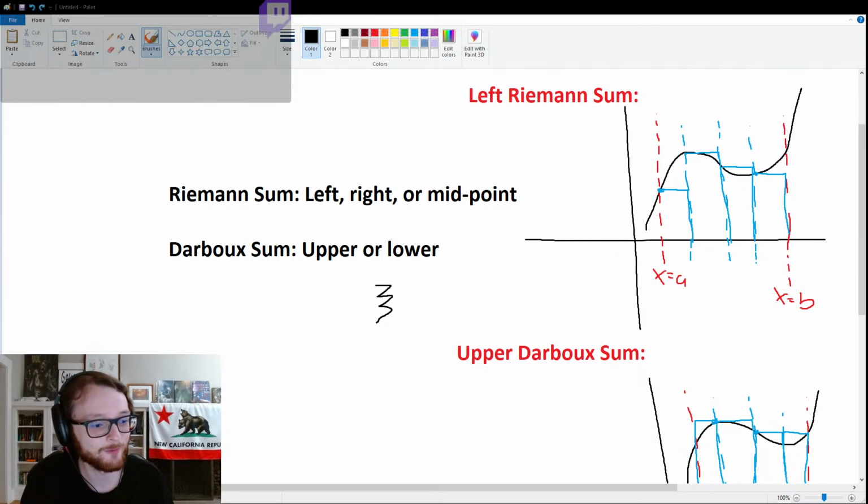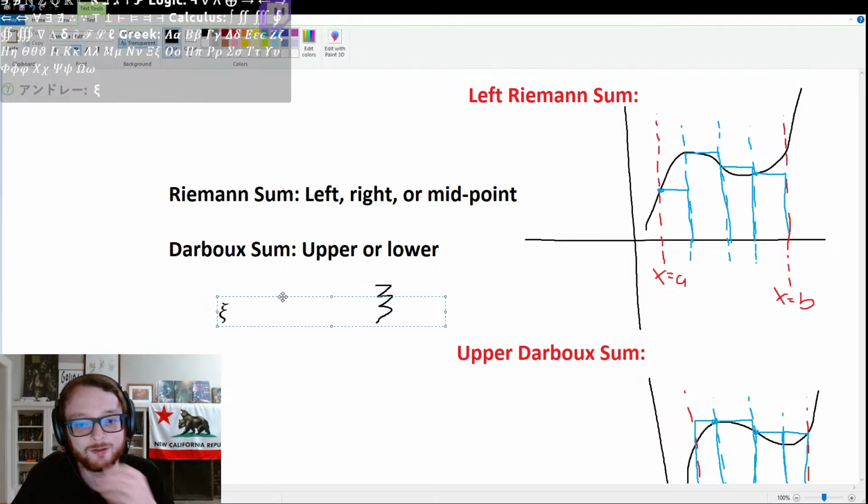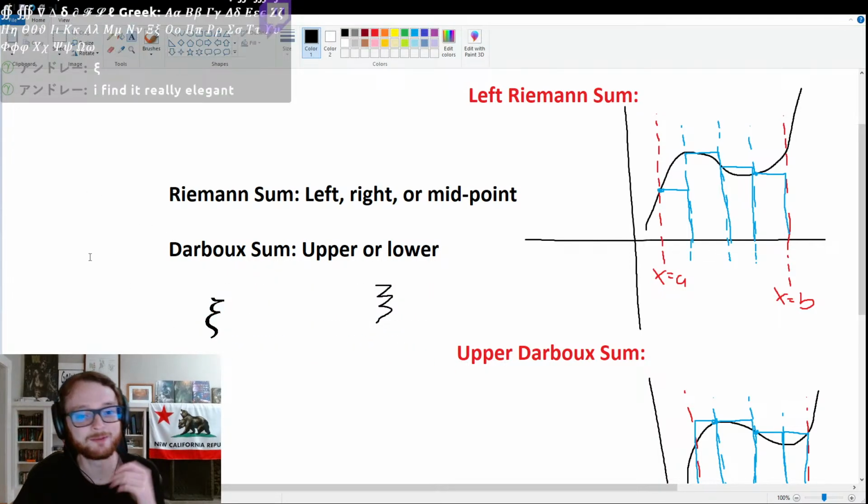That's my least favorite Greek letter. I hate it. I didn't use it for this purpose though. Wait, no, I did do it backwards. Let me. We have technology. That bad boy. You find it really elegant? I find it really annoying to write.